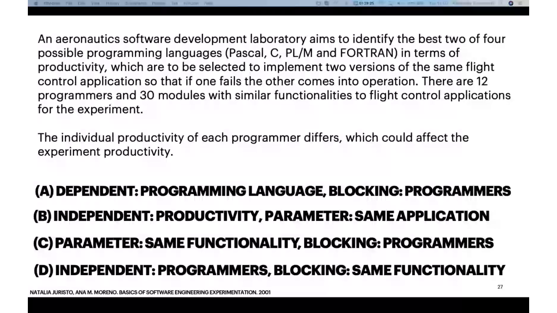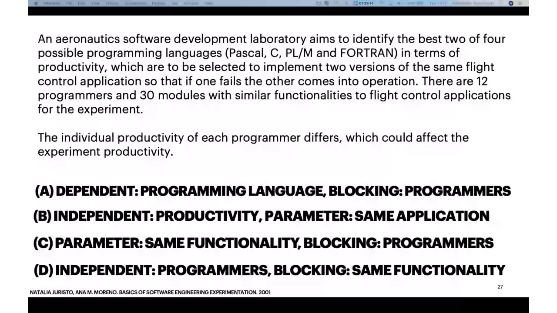And if you read a little bit further, we see that there are 30 modules with similar functionalities. So the same application and similar functionalities are parameters. So C looks promising, but we still don't know whether it is the right one because we have not looked at the programmers yet.